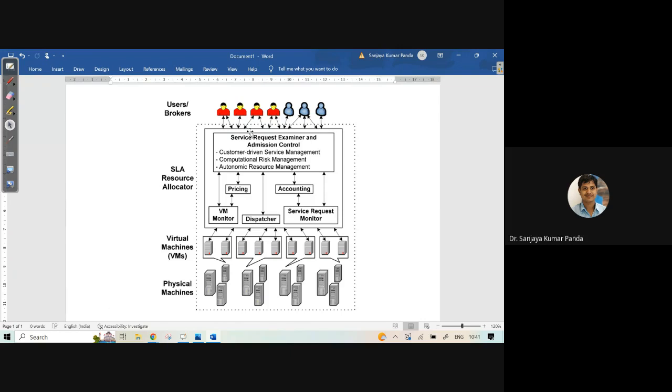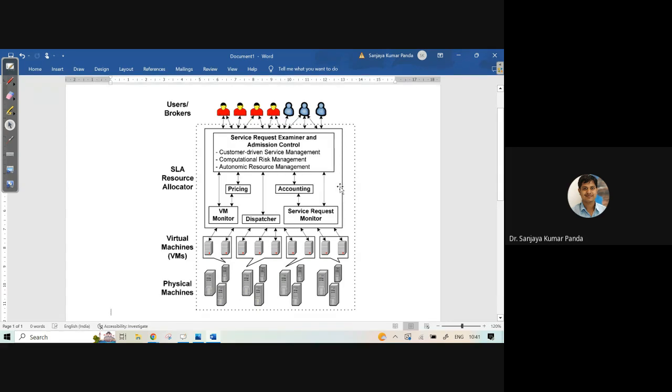Suppose you need a T2 small instance, and you need 2 T2 small instances. Simultaneously you can also ask for different types of instances: one may be T2 micro, one T2 nano, one T2 large, one T2 xlarge. You can ask for such instances at the same time. That's why you can see there is a bi-directional arrow to this particular system.